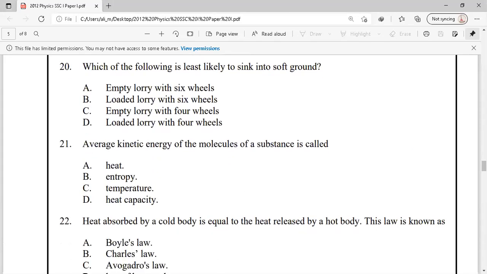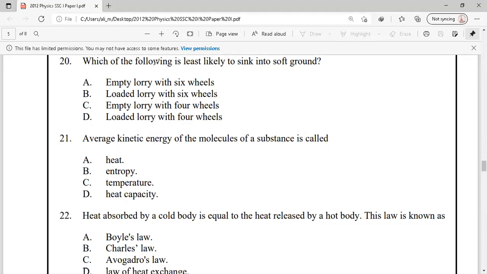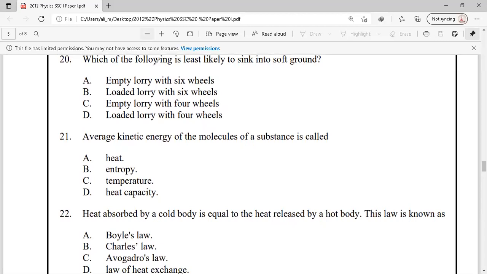Next we have question 20. Which of the following is least likely to sink into the soft ground? Least likely means they have less chance to fall into the soft, muddy ground. Empty lorry with six wheels.